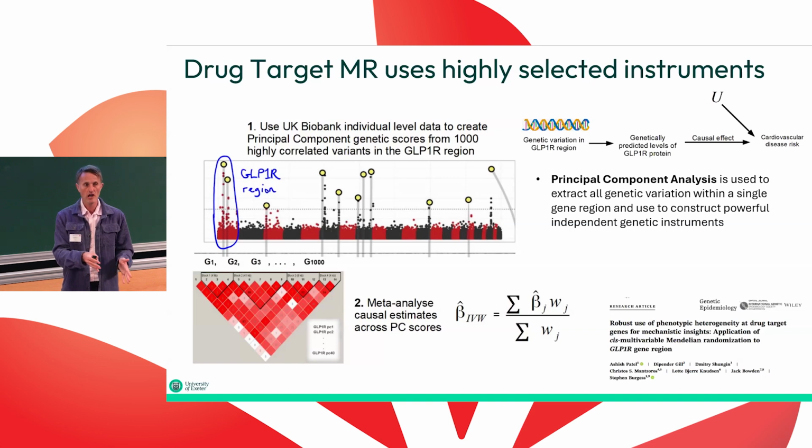So they're much more likely to be inherited together due to the process of recombination that passes your genes from your parents to yourself. And because of that high correlation, what we typically do is we employ statistical techniques like principal component analysis to try and create principal component scores of all of the genetic data in a single region.